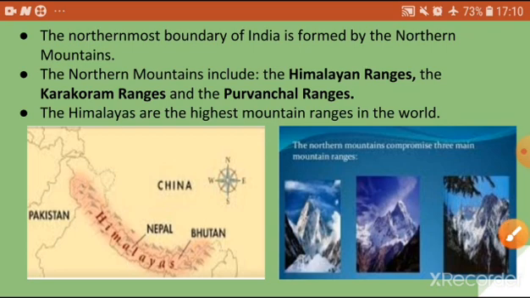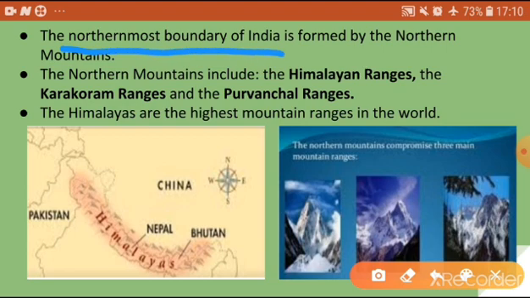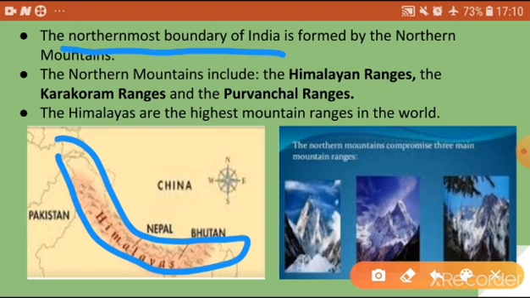See why I am telling about these compass directions: here the northernmost boundary of India, this is the north side of our country, is formed by the northern mountains.